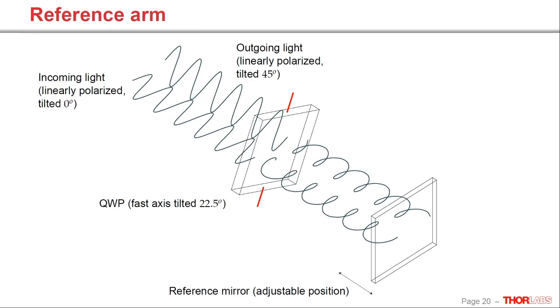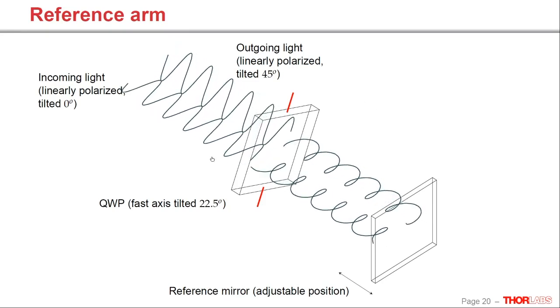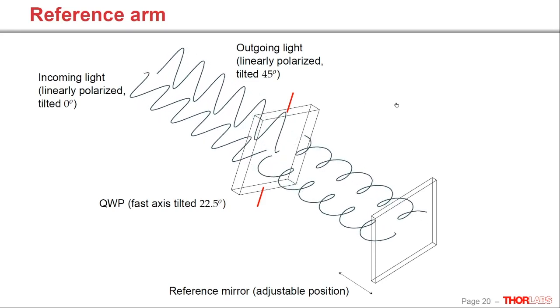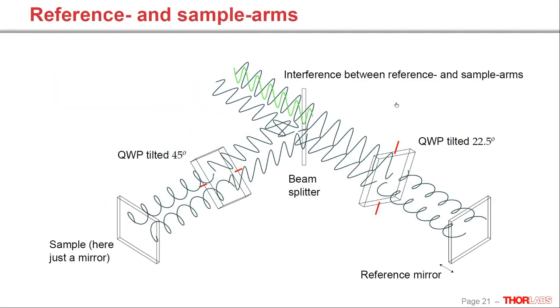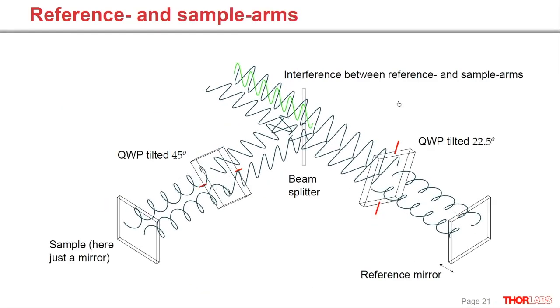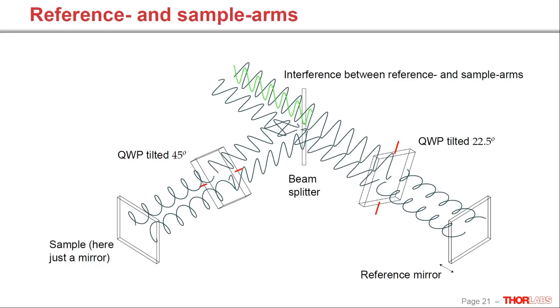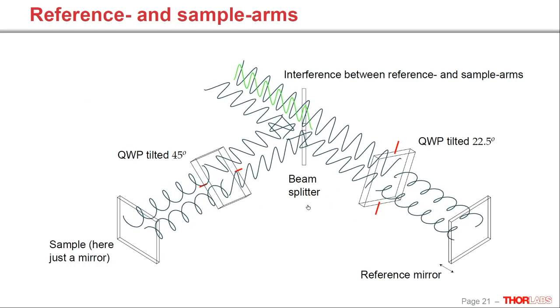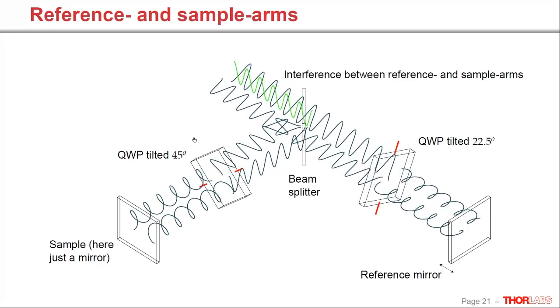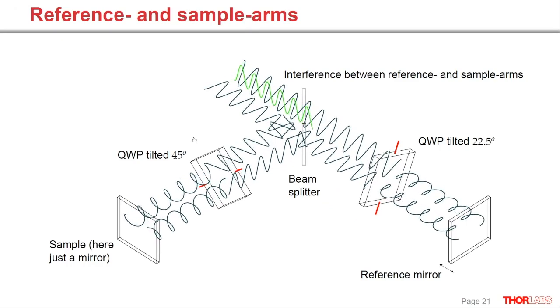And I draw both ways separate, but they're actually on the same line. Okay. Then we add the sample arm, and we use a second quarter plate here located at 45 degrees.